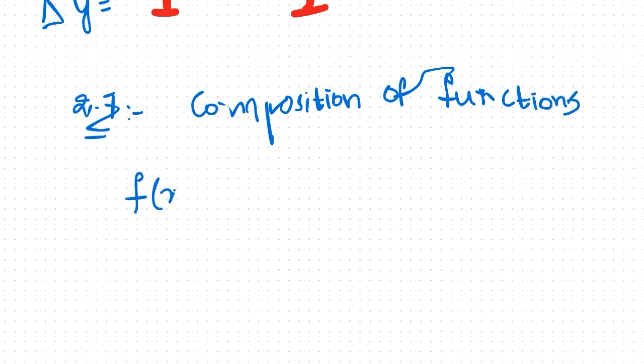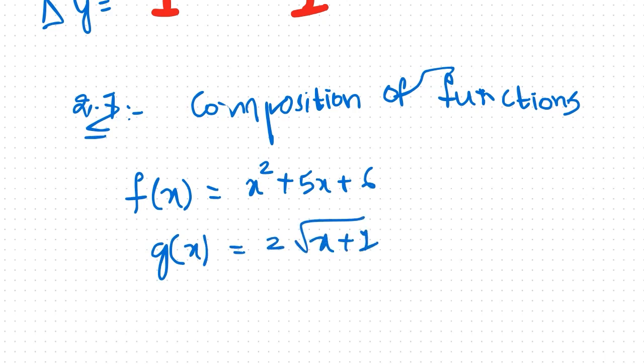So let's say f of x is given as x squared plus 5x plus 6, and g of x is equal to 2 root x plus 1. Actually, this is part of your homework. I sent you the homework, right? The previous class homework.